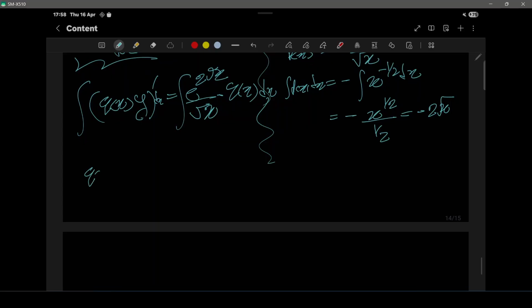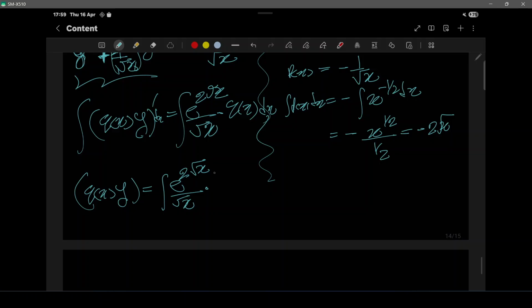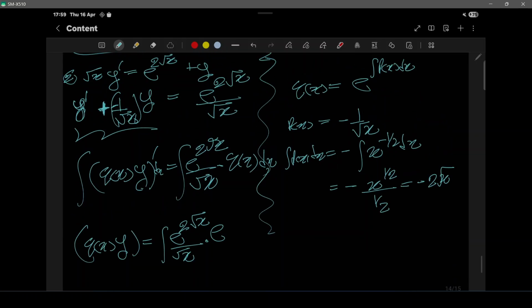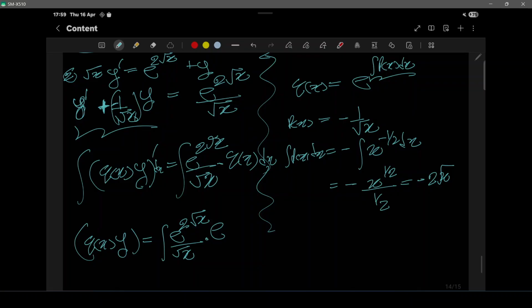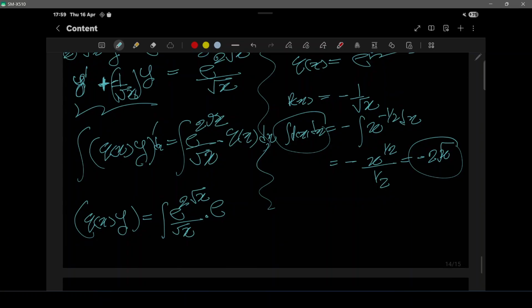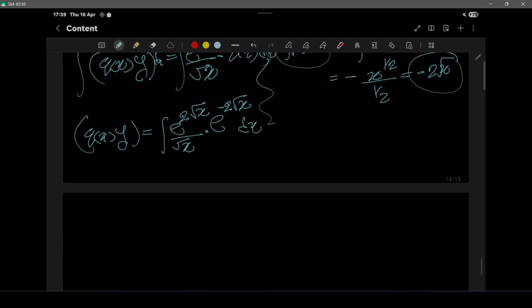So we are left with Q(x) y, that is equal to the integration of e to the power 2 times square root of x over square root of x times e to the power integration of P(x) dx, which is minus 2 times square root of x.